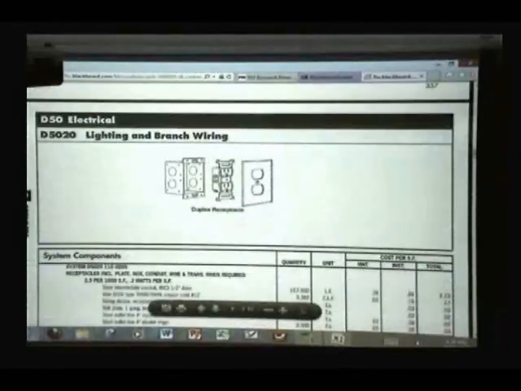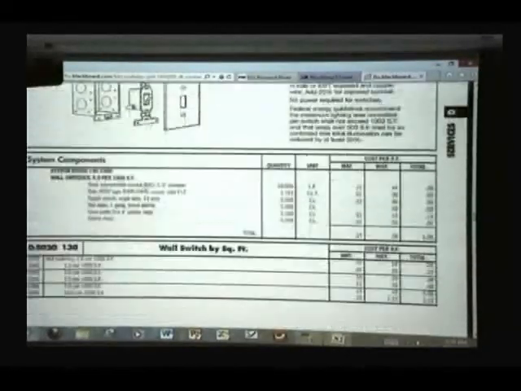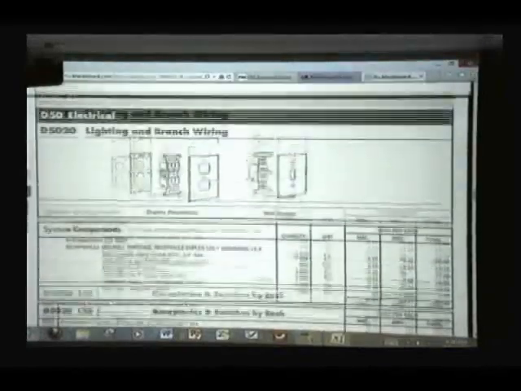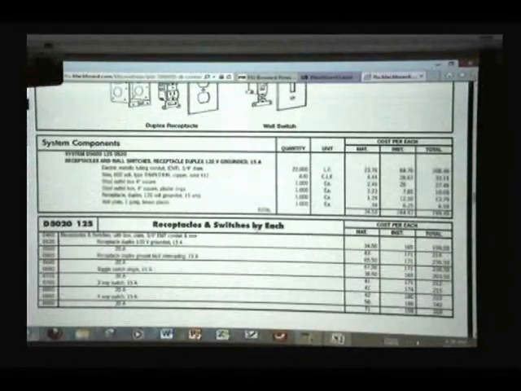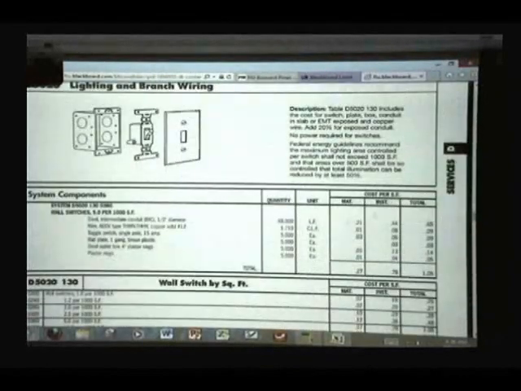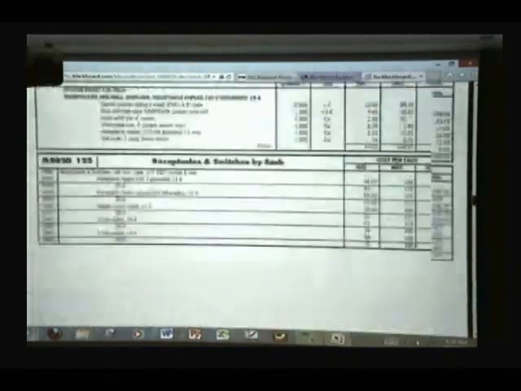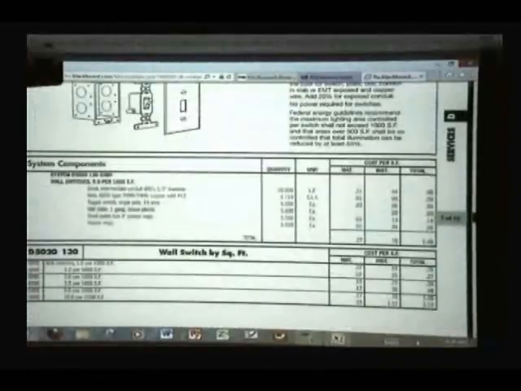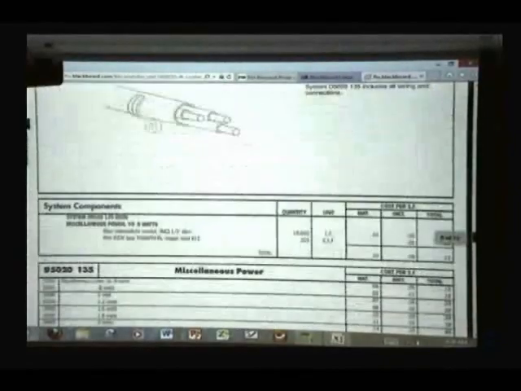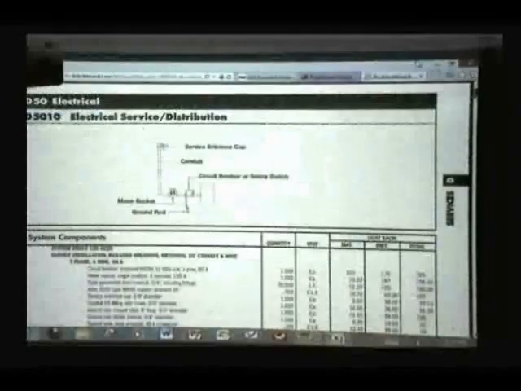You can do the receptacles on one side and the switches on the other, or you can do both of them using this table. I think we're going to do the cost per square feet. Seems to be better.